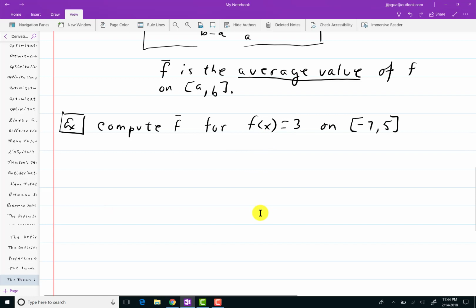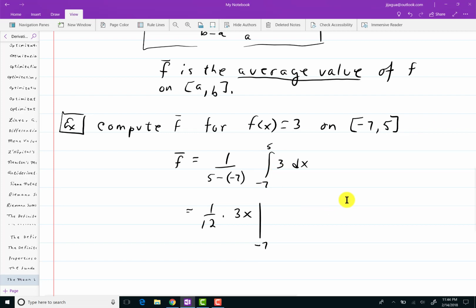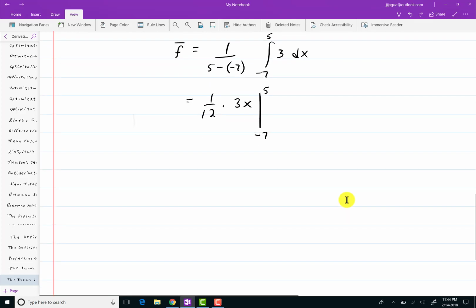So f bar equals 1 over (b minus a), so that's 5 minus the a, which is -7. The integral goes from -7 to 5 of 3 dx. That equals 1/12 times the antiderivative of 3, which is 3x, evaluated from -7 to 5. Now I can do a little simplifying.